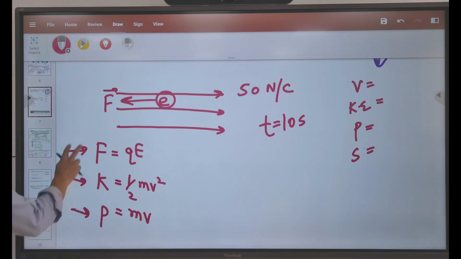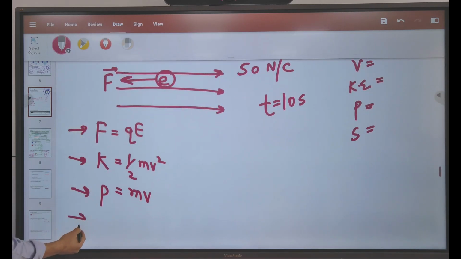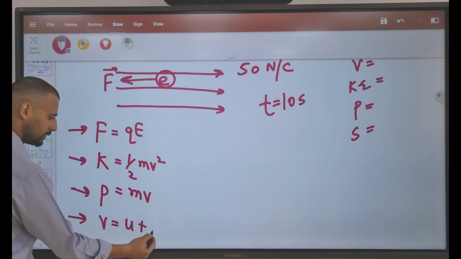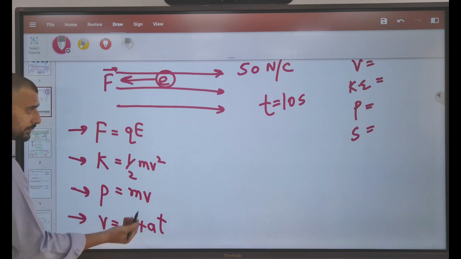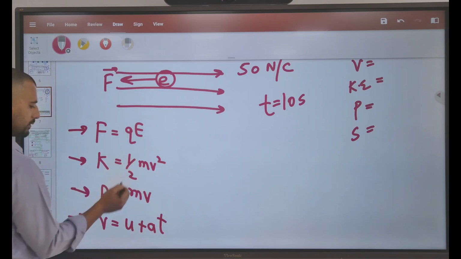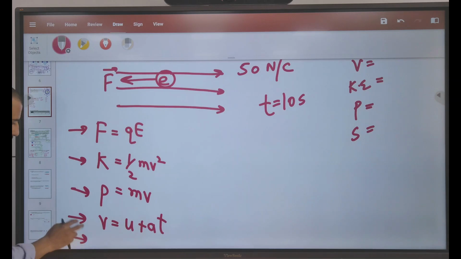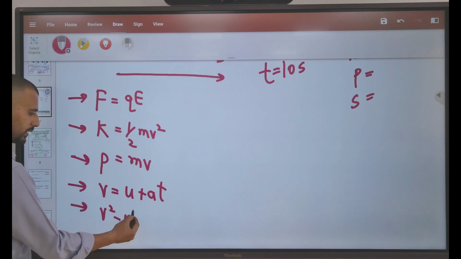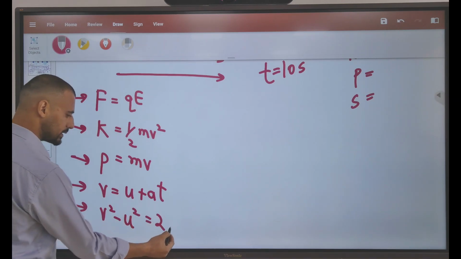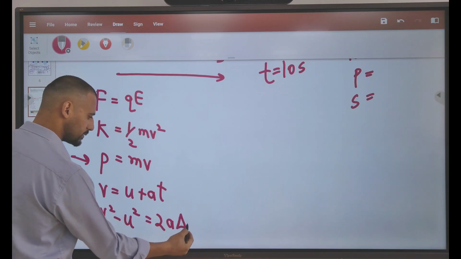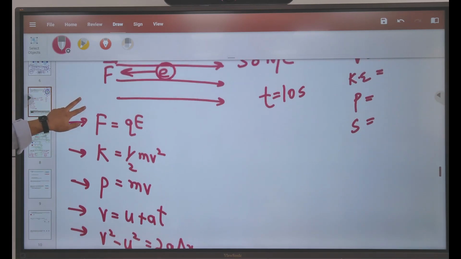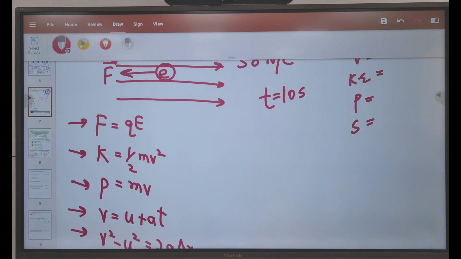You might be using V is equal to U plus AT. You might be using V square minus U square is equal to twice A delta X. Fine?